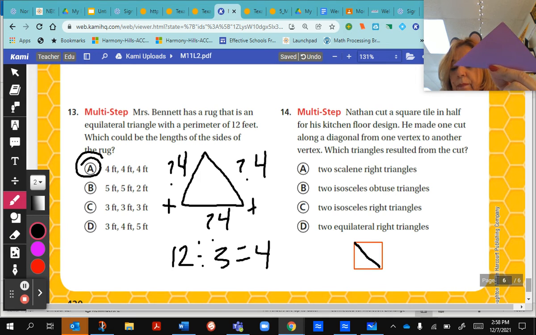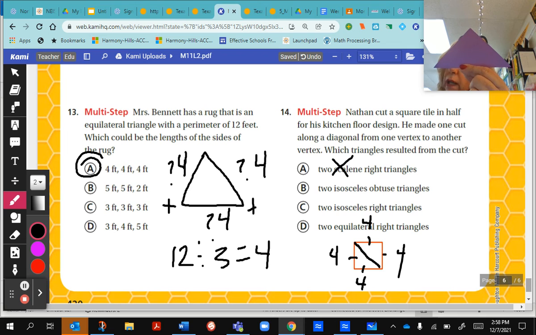If this was 4 inches, then this side here is going to be 4 inches. And if this is 4 inches, then this is 4 inches. And all I did was cut that in half. So it can't be a scalene because a scalene means that no lines are equal. 2 equilaterals? No, because the longer one is in the center when we folded it, right? So it can't be that one.